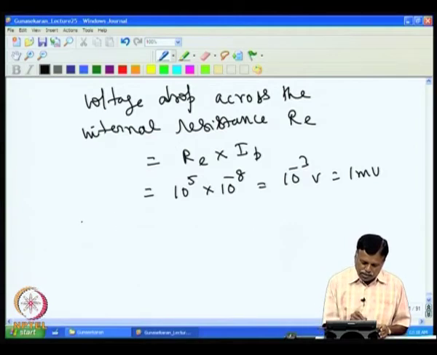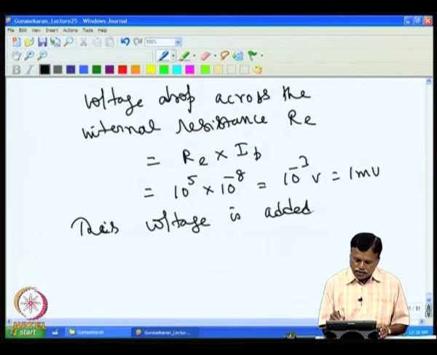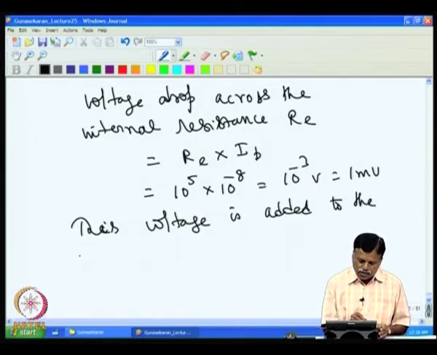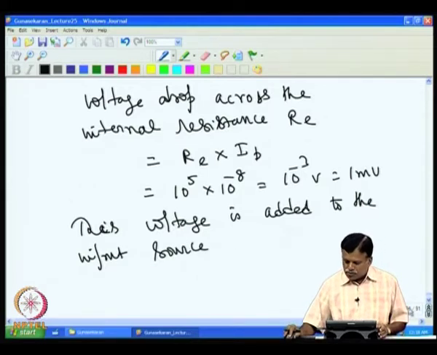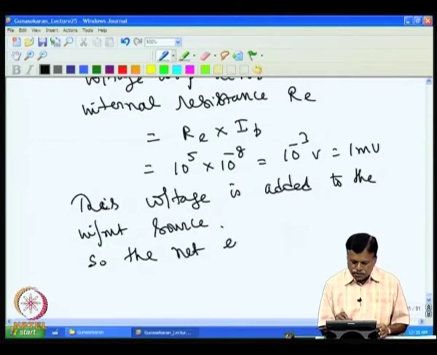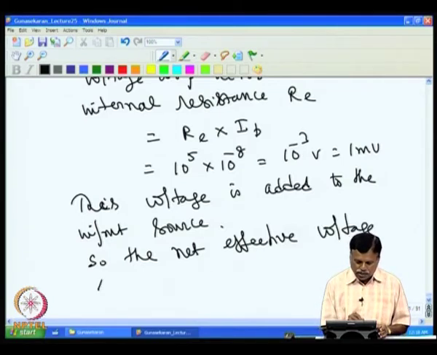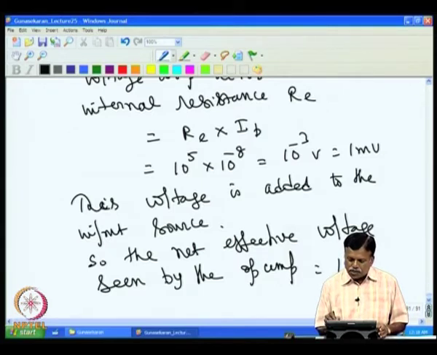So, the net effective voltage seen by the op amp is equal to 10 millivolt plus 1 millivolt.